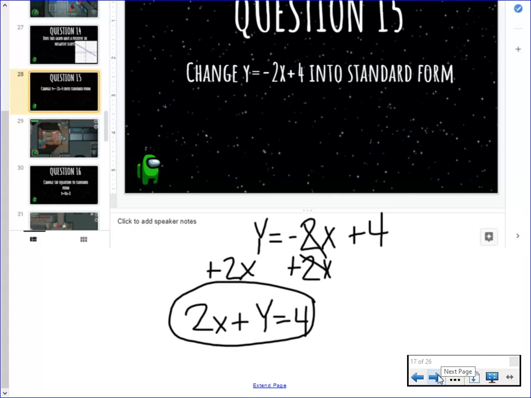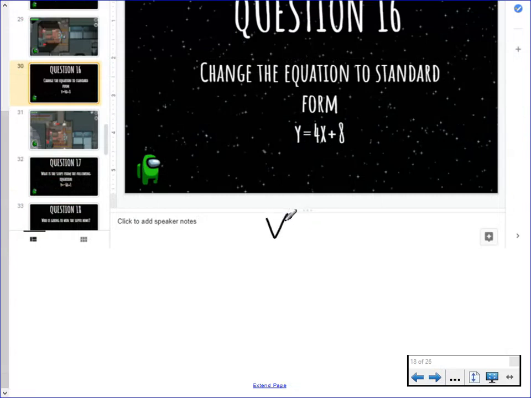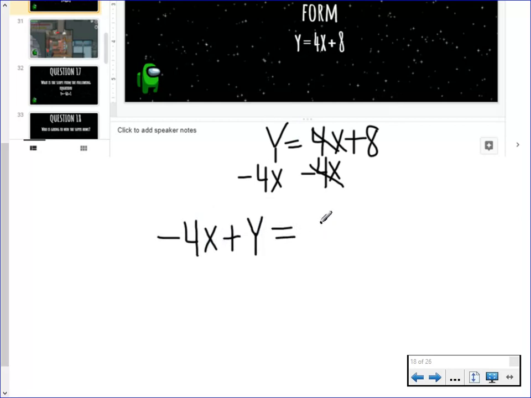Number 16 is the exact same situation as that one, except you have one more step to solve. So y equals 4x plus 8. That is slope-intercept form. To move my x over, I do the opposite, negative 4x and negative 4x. That goes away on the right side. On the left side, I have negative 4x. This is a positive y, so plus y equals 8.